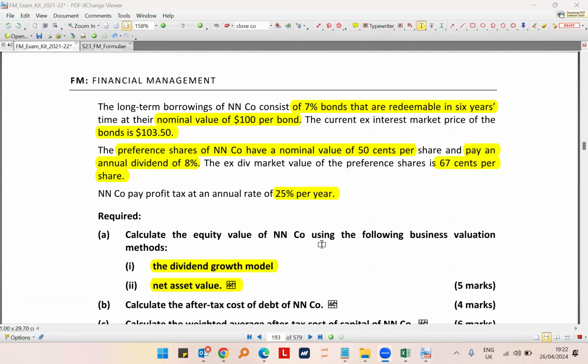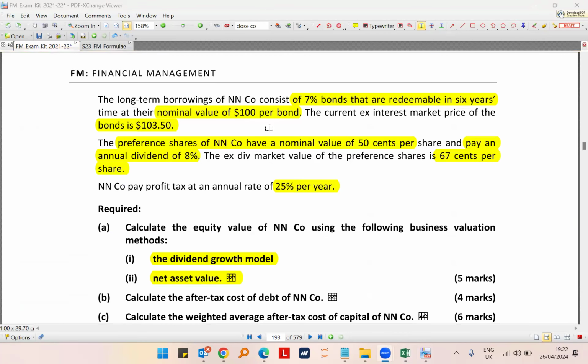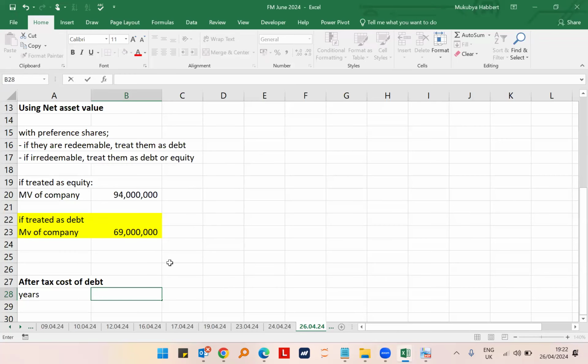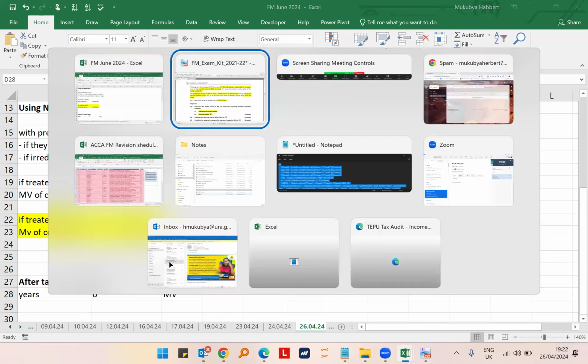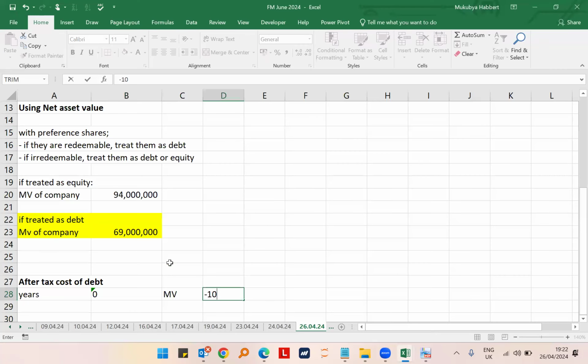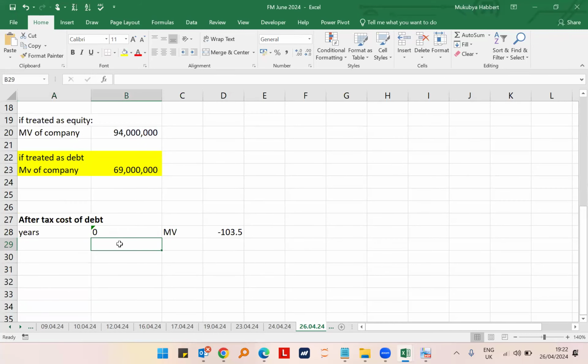So in year 0, we need to get their market value, which is 103.5. Then in year 1 to 6, we have interest payments.